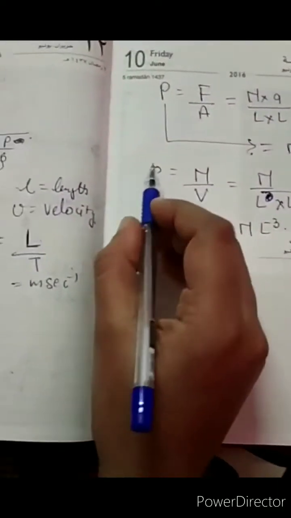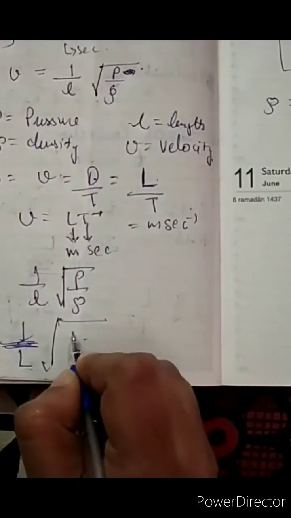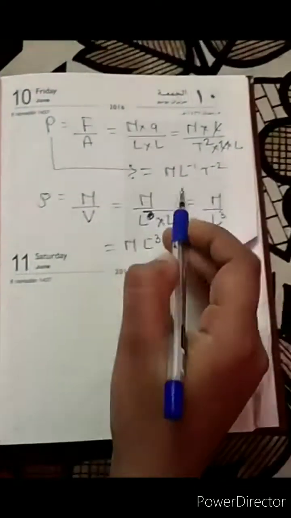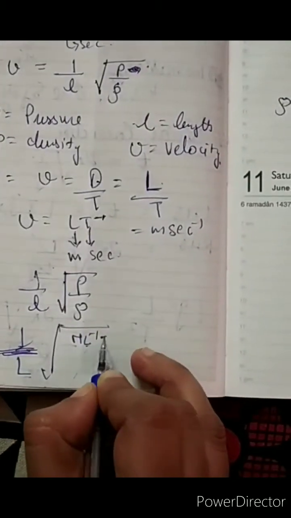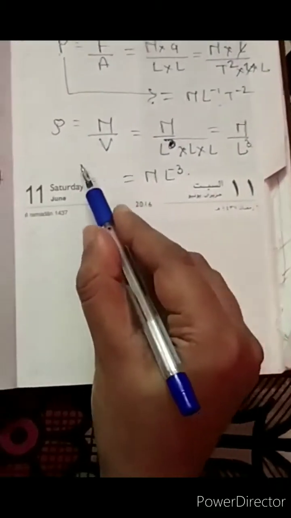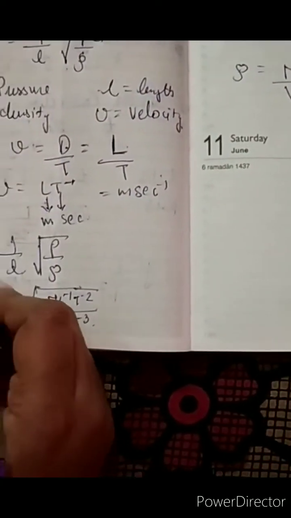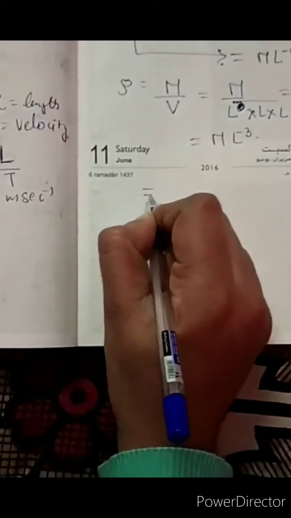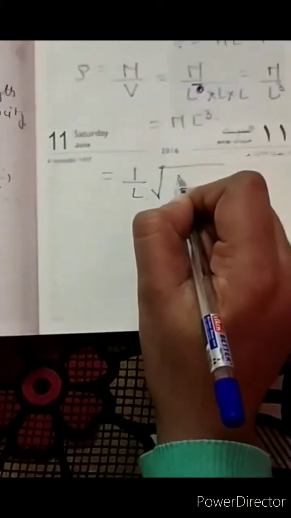So instead of P, I can write it as M L to the power minus 1 T to the power minus 2, correct? And rho, can I write like this, M L to the power minus 3?